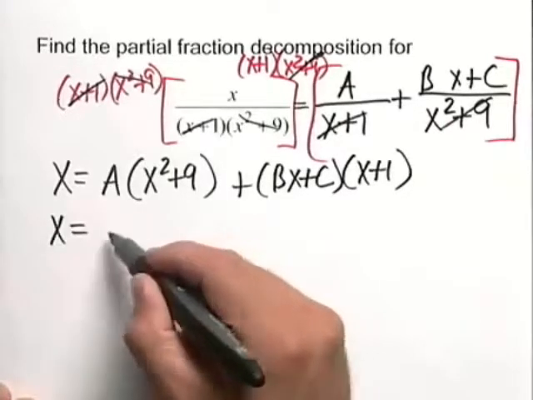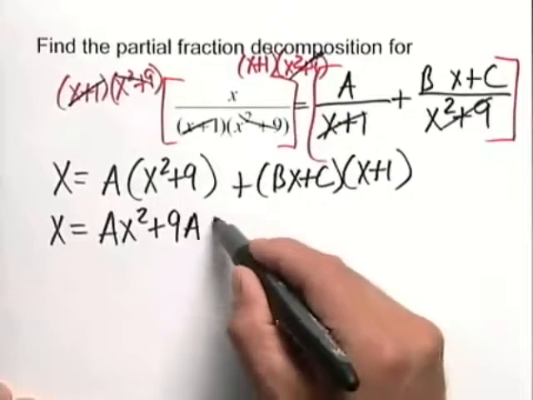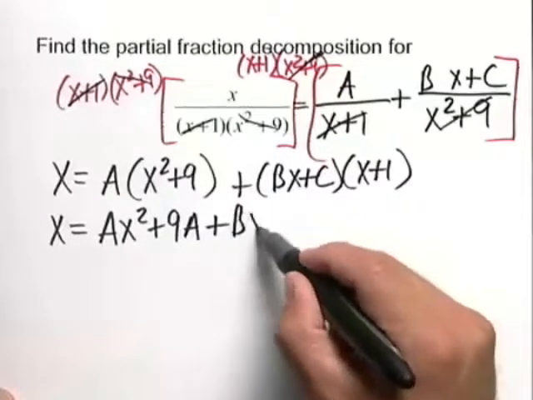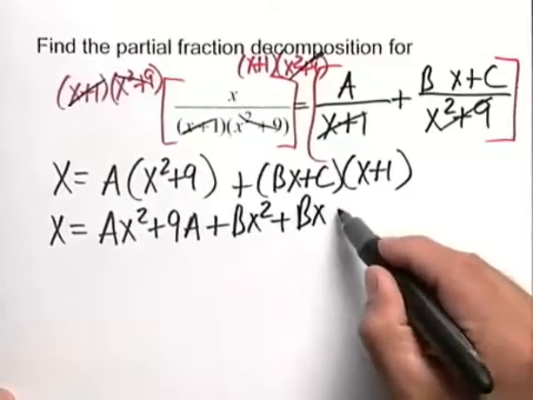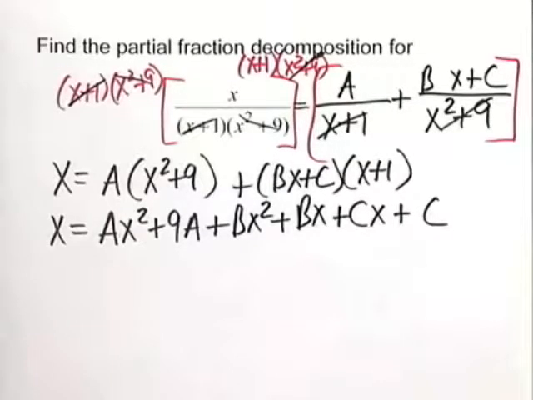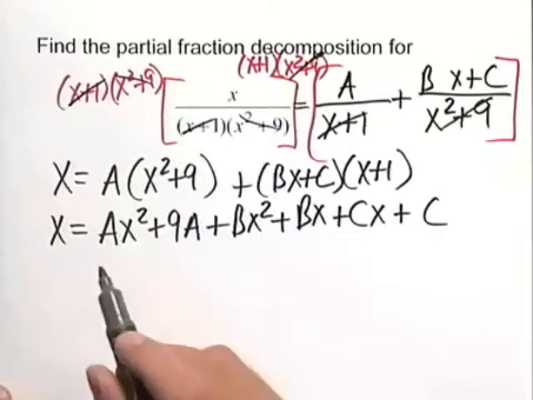Distribute our A through to get Ax squared plus 9A. FOIL this problem out. We're going to come up with a Bx squared plus Bx plus Cx plus C. Okay, now let's gather all our like terms on one side and see what we have here.